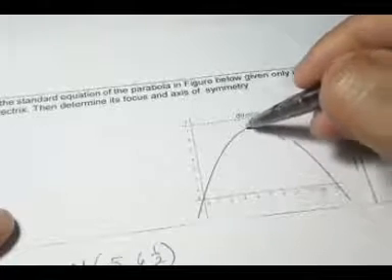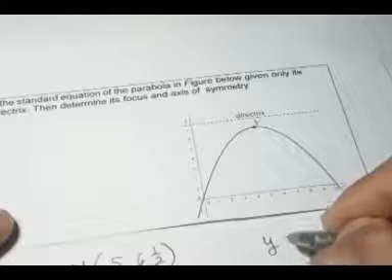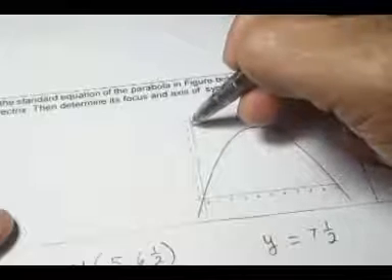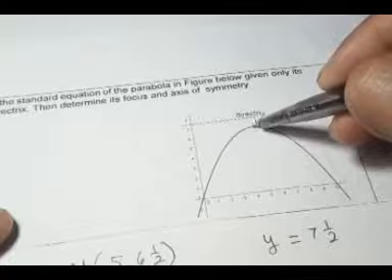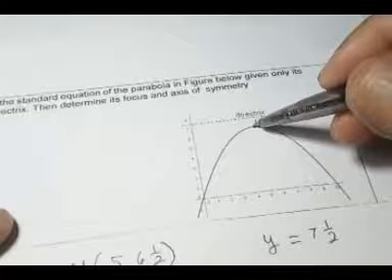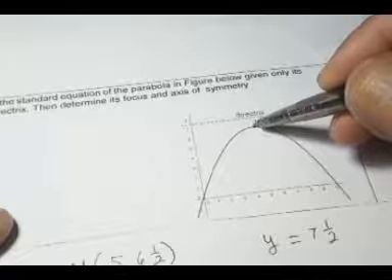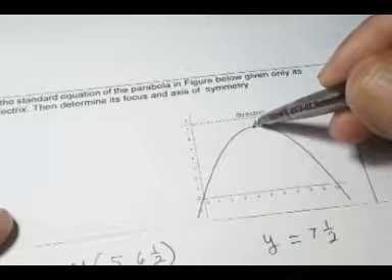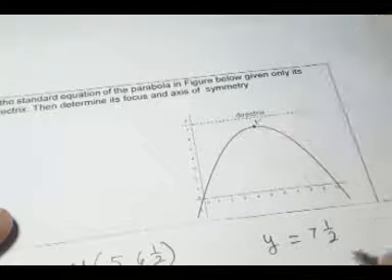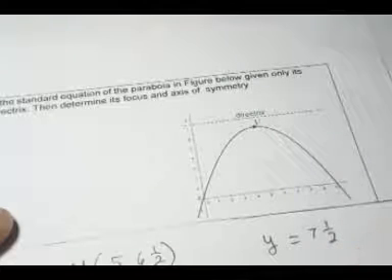The directrix has this line y equals 7 and 1/2. This equation is y equals 7 and 1/2. Okay, take note that the vertex has a distance of 1. 7 and 1/2 minus 6 and 1/2 is 1. So C is equal to 1.